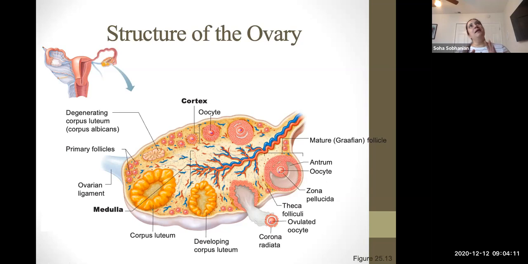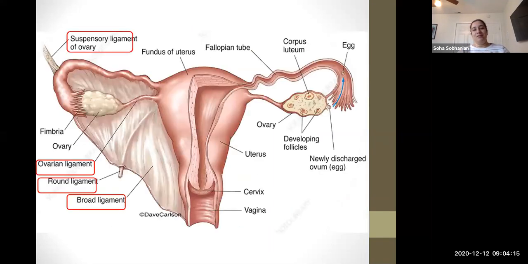Think about this. It always fascinates me that when a sperm gets into the female reproductive system, it literally has to swim through the vagina, through the cervix, through the uterus, through the fallopian tube, and reach this curvature, which is called the ampulla.